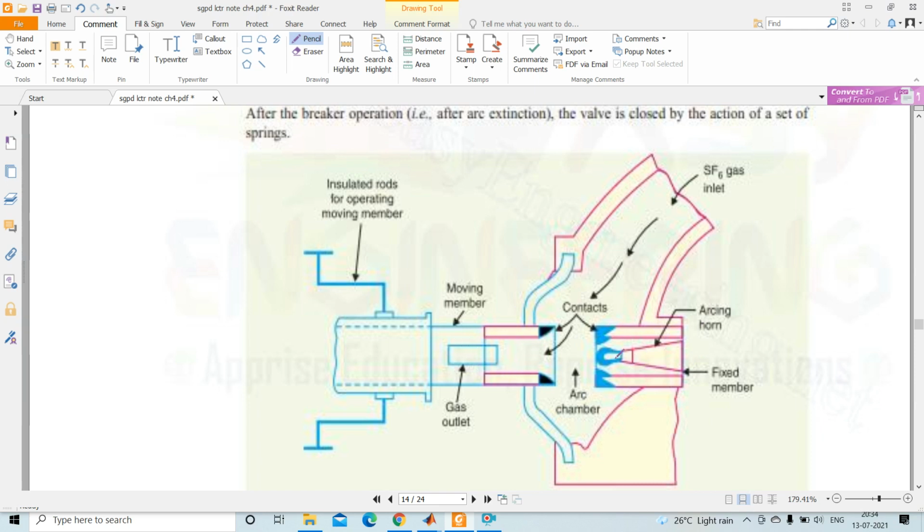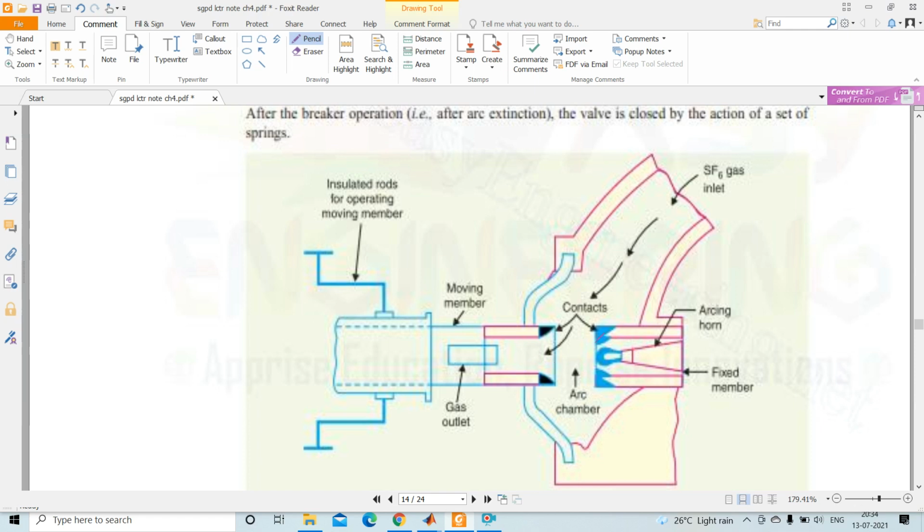When these two are in contact with each other, this is the SF6 gas flow area, and this is the SF6 gas inlet. When the moving member is separated from the fixed member, this is the arcing horn, and there is formation of an arc over here. This is the arc chamber.